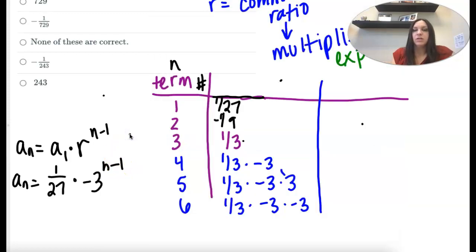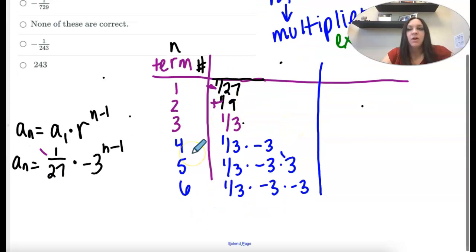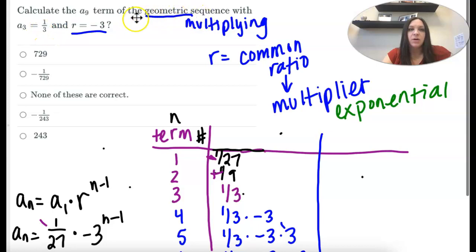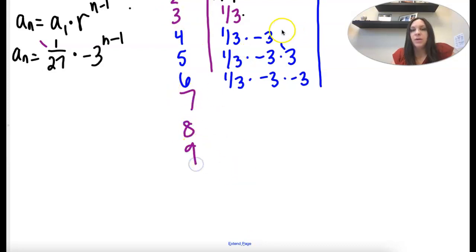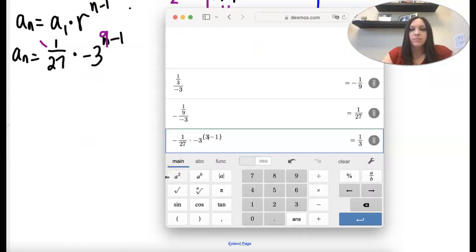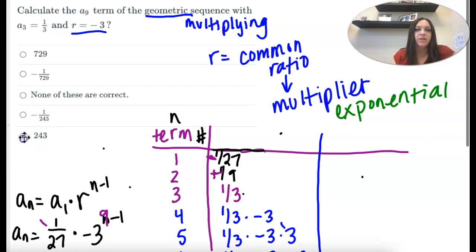This one should actually be negative, that will be positive, that will be negative. On these ones you can count. Like we want the 9th term, so we could just keep going: 7, 8, 9. Or we can use our equation and put 9 for n, which is 243.